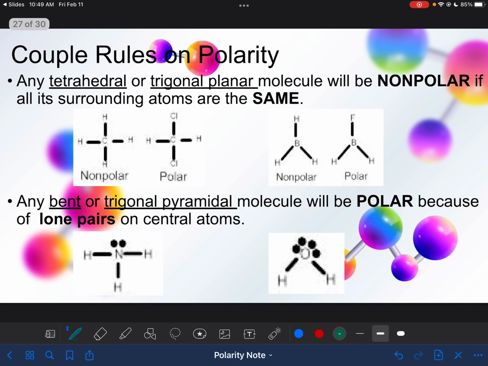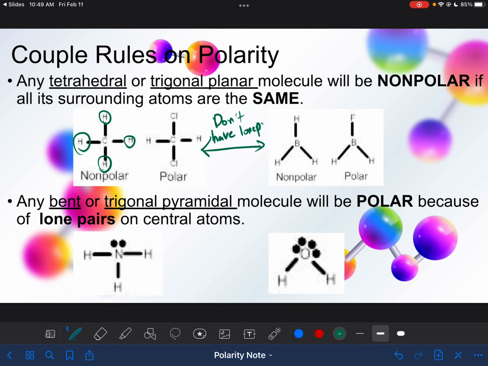So now that we know the Lewis dot structure, the VSEPR shape, and now polarity, what if we put them together? It says any tetrahedral or trigonal planar molecules will be nonpolar if all surrounding atoms are the same. As you can see, we have hydrogen, hydrogen, hydrogen, hydrogen. First thing first, these two shapes don't have a lone pair. That's a key thing.